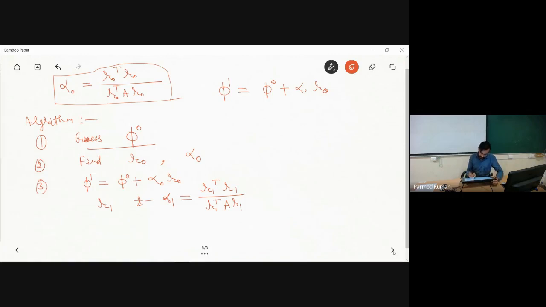So I can generalize this procedure by writing that phi at iteration level I plus 1 will be nothing but equal to phi at iteration level I plus alpha I into Ri, where our Ri is nothing but B minus A phi I and alpha I is nothing but Ri transpose into Ri divided by Ri transpose A into Ri.